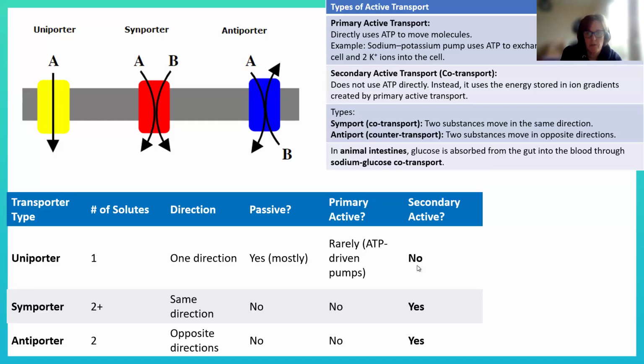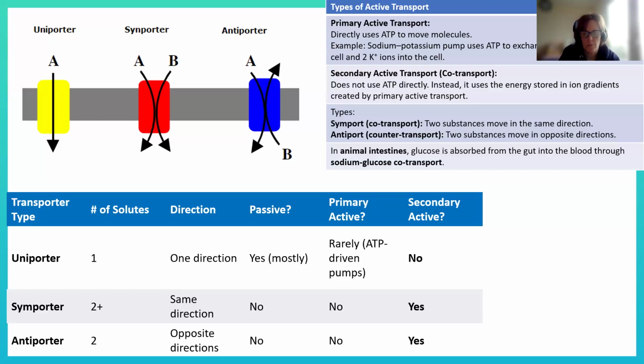Does it use ATP directly, or does it use the energy stored in the gradients? So no, uniporters don't tend to use the ATP directly. Symporters and antiporters do. There are so many different channels and all the different molecules, so it is quite difficult keeping track of what's going on, and it's best almost to look at each one individually if you're studying it.